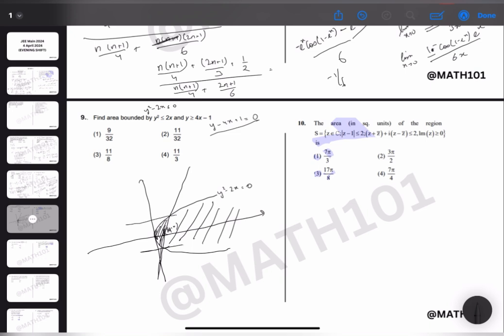So we'll integrate. We'll need to solve for these 2 points.